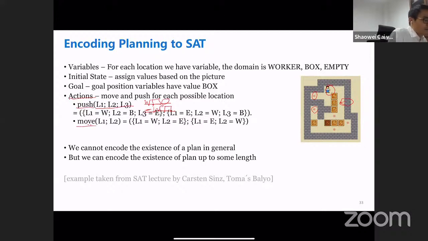Now for this game, we cannot encode the existence of a plan in general, but we can encode the existence of a plan up to some length. So this is a bounded length.